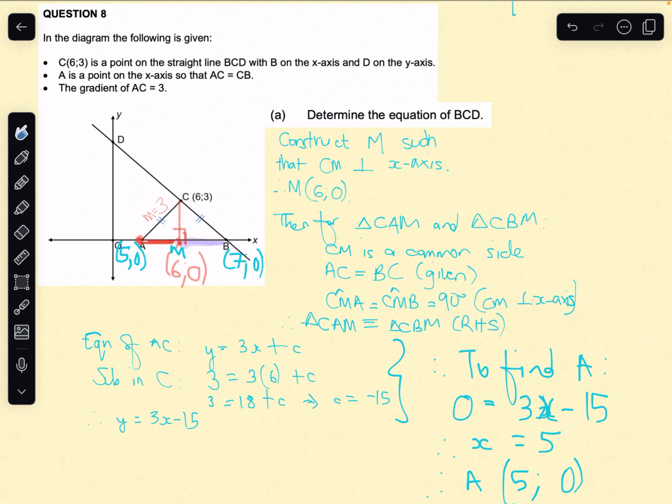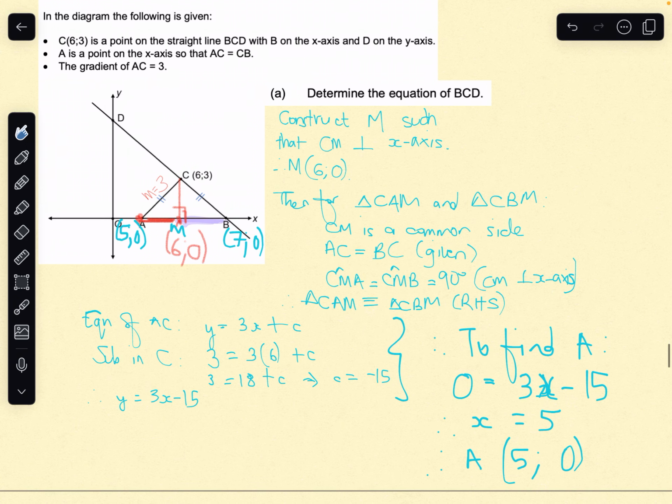Okay, so let's see. Question 8. People are using trigonometry even. Oh, that's a nice one. So, how you could use trig: we're looking for the equation of this line. You can use trig because this is the gradient of this line, so you can work out the angle of inclination.